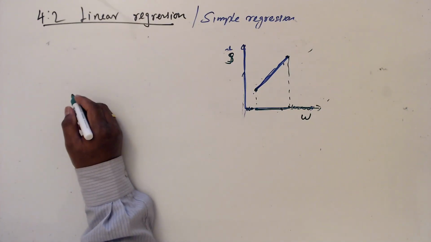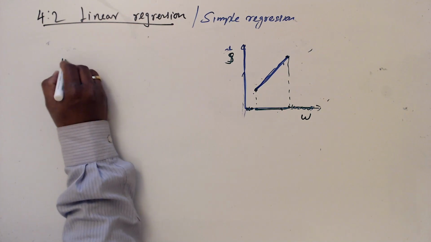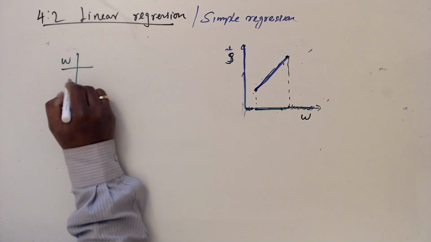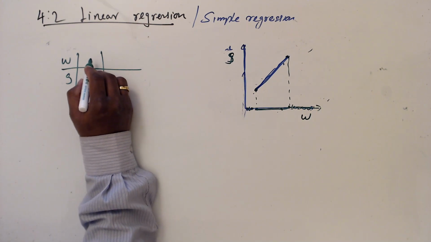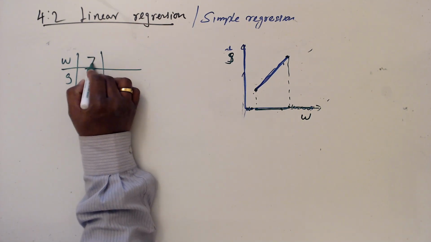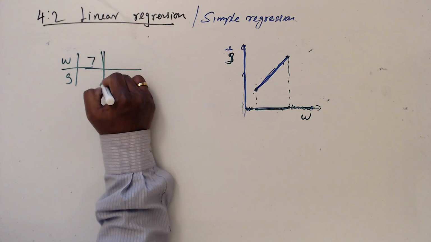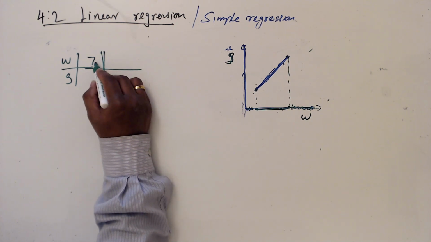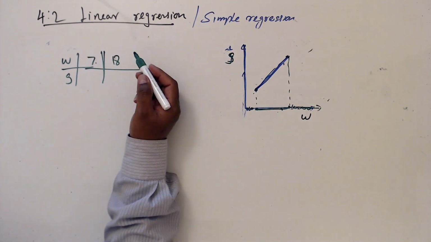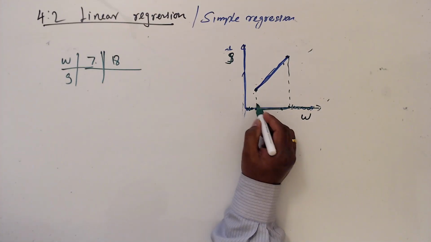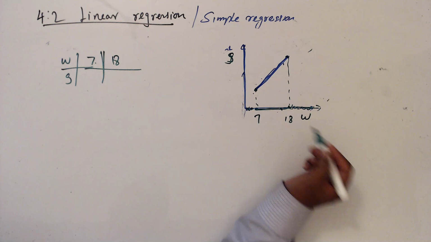If I refer to the data set, I can see that for W and G the minimum value is, if I'm not wrong, 7, and the maximum value is going to be 18. Now this is 7 and this is 18.